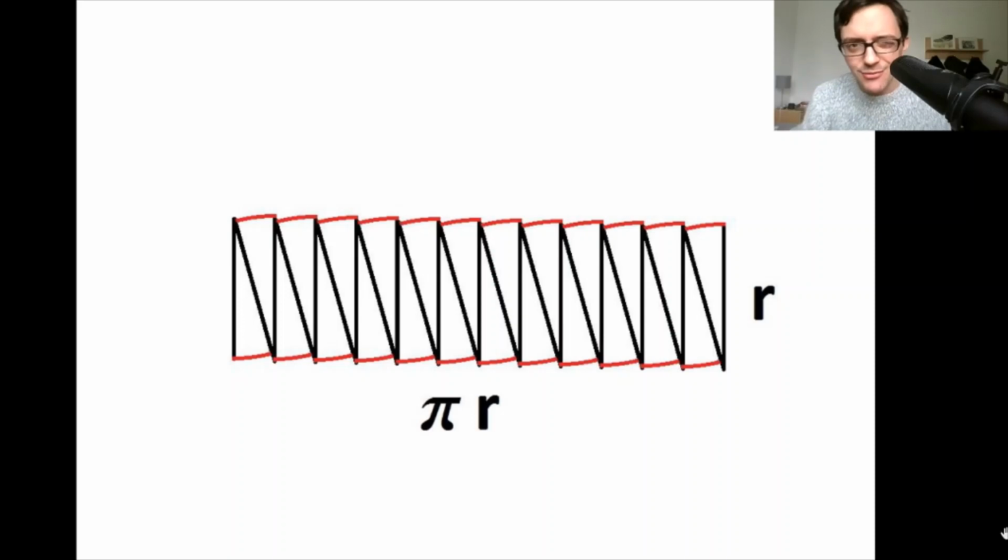At this point I normally do a sort of throwaway comment before I move on to the next one, to say something like, of course if you made the wedges smaller or you used more slices, this would be more and more convincing because it would look more and more like a rectangle. I quite like to put a little bit in that sounds a bit like calculus. Now I'm not quite sure that's a real calculus fact, that if you use smaller and smaller triangles then in some sense this converges to a true argument.